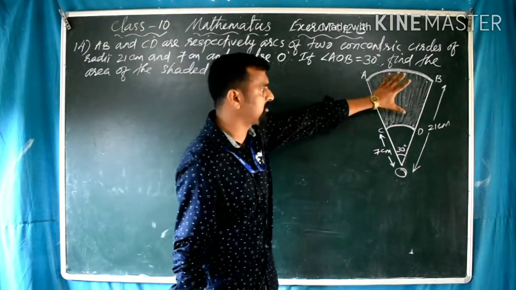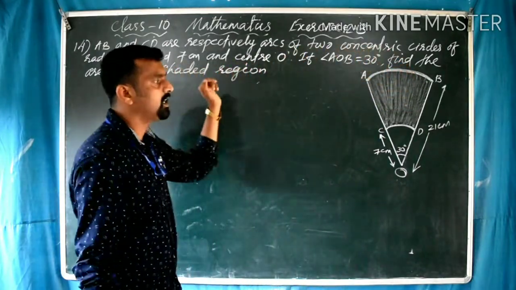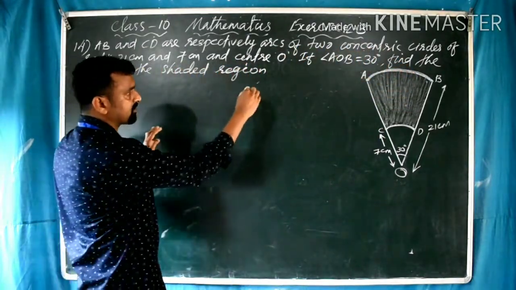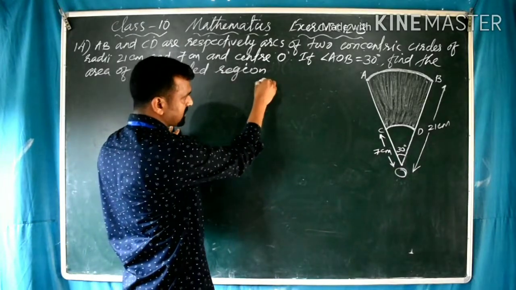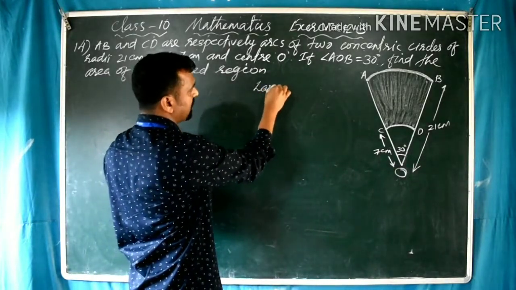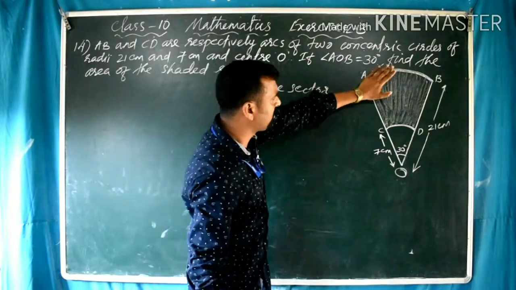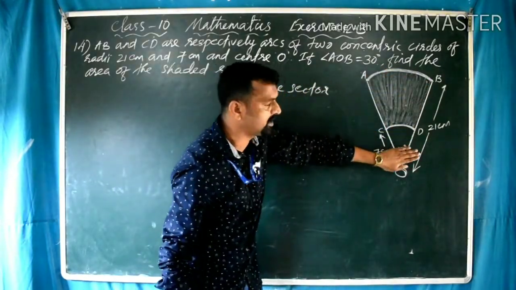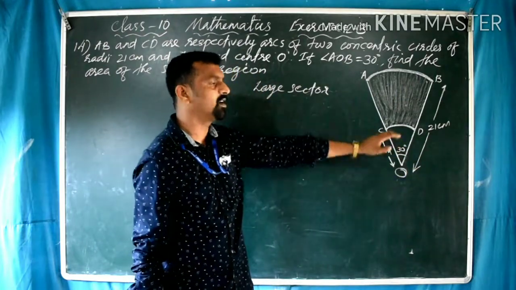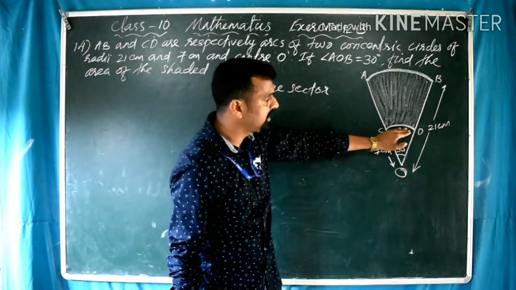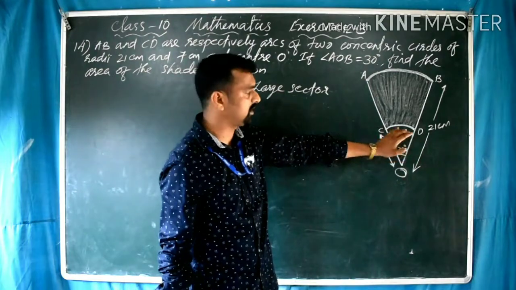So how can we find out this area? Area of the shaded region is equal to the area of the large sector, which means this whole area, and from there we have to subtract the area of this small sector.